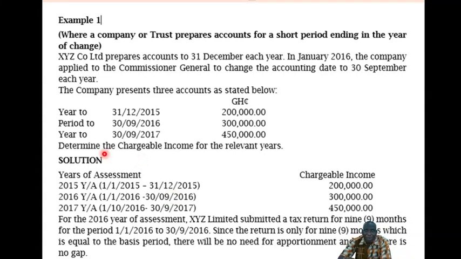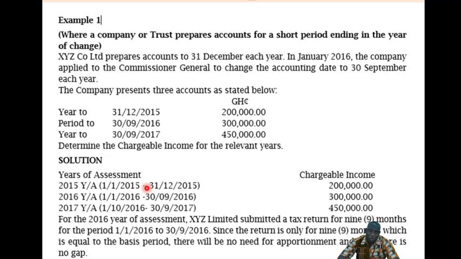But when you look at the period 2 year, you must define it and connect it to how the law wants you to write it. And I'm saying that if I'm defining year 2 means 12 months to that date. So if I have a year to 31st December 2015, then it will be January to December, and it is the same as the one here.